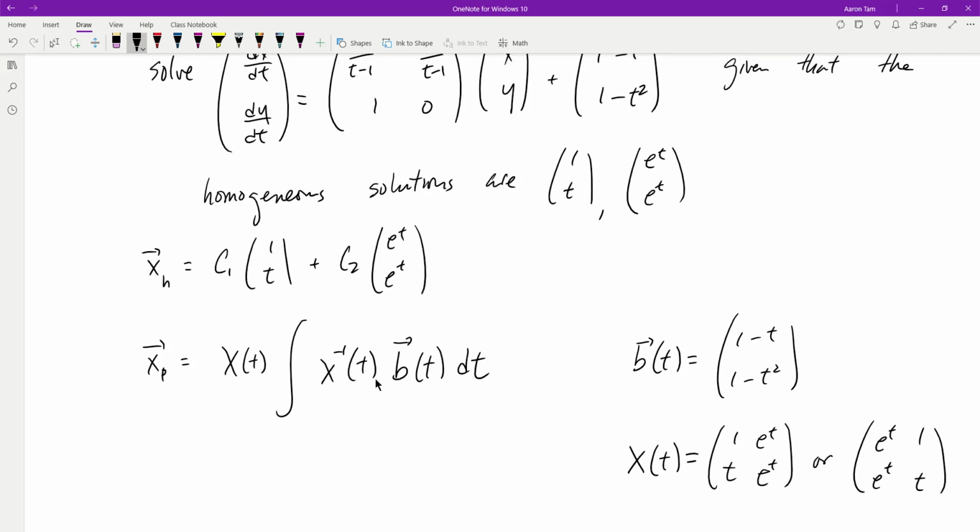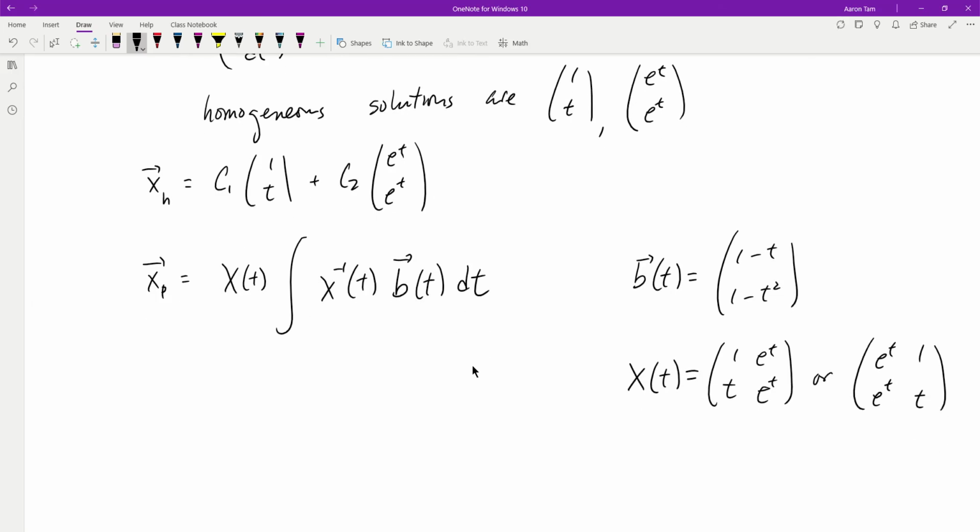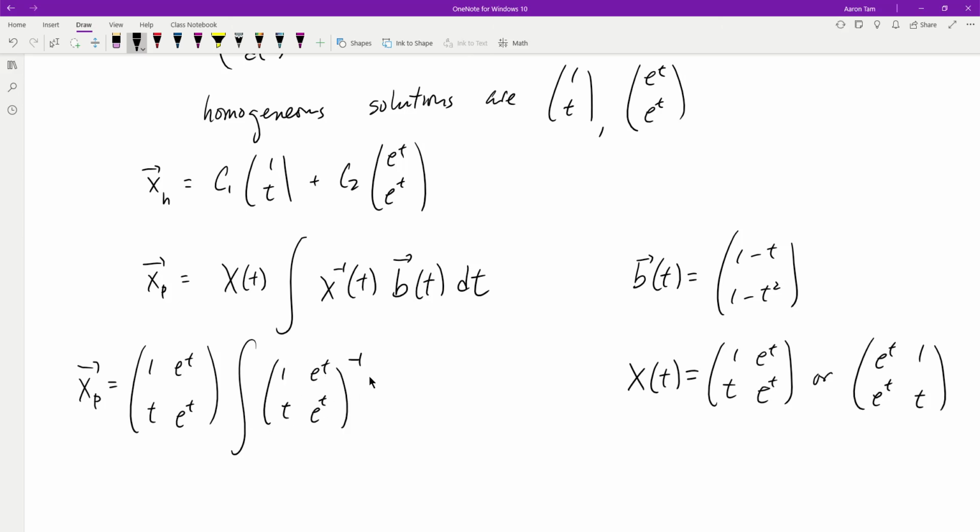It really doesn't matter which one you use, so just pick the one that you like. Since it's given as [1, t], [e to the t, ...], I'm just going to use that. So therefore, vector x sub p would equal the fundamental matrix times the integral of the fundamental matrix inverse multiplied by [1 minus t, 1 minus t squared] dt.